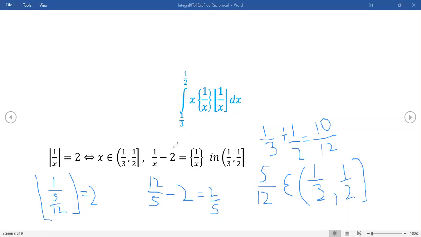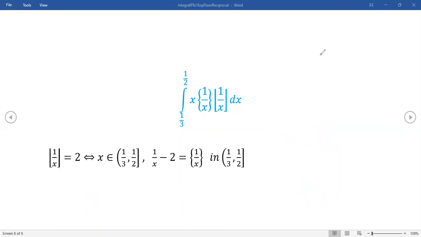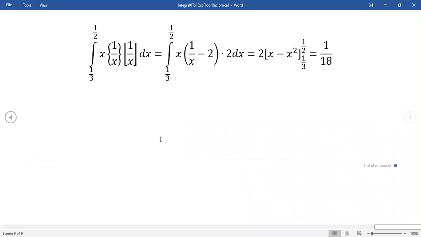Again, the fractional part of 1 over x needs to be replaced by something that we're familiar with, right? Right now, who knows how to integrate this? But if we replace the fractional part of 1 over x with 1 over x minus 2, and the floor of 1 over x with 2, that's what we're going to get on the next page. Let me clear this out and move along to the next page. You see, that's exactly what happened. Apologies, it's hard to keep everything on the same screen, but you see how x stayed the same.